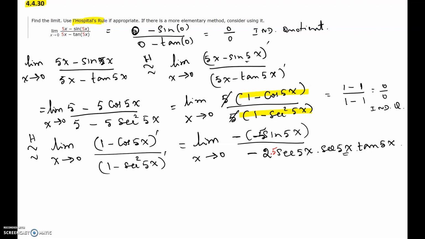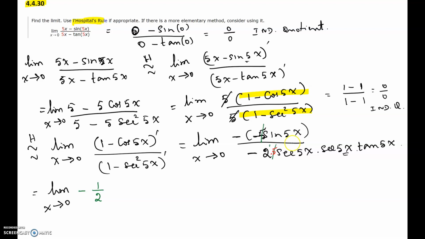So we get at this point the limit as x approaches 0. You notice on the numerator and the denominator this 5 can be cancelled out. There is a negative sign in the denominator, so it now becomes negative 1/2 times. Now we have to simplify these expressions.